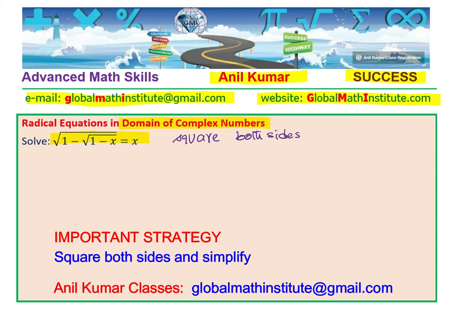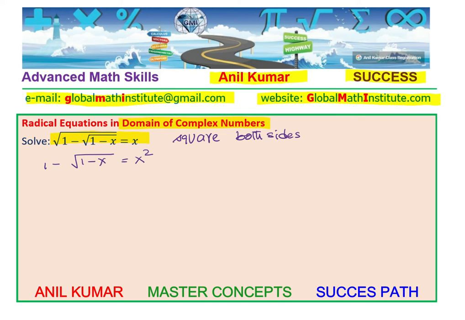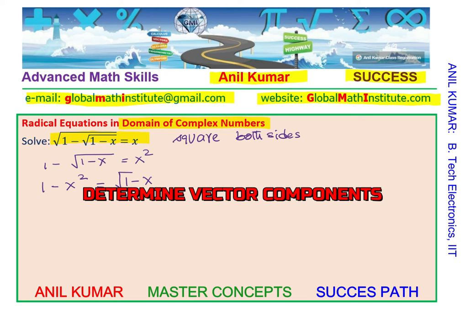As you do that, on the left hand side, we get 1 minus square root of 1 minus x equals x squared. Now these kinds of radical equations you have solved. We want to isolate the square root of 1 minus x, so we write it as 1 minus x squared equals square root of 1 minus x.